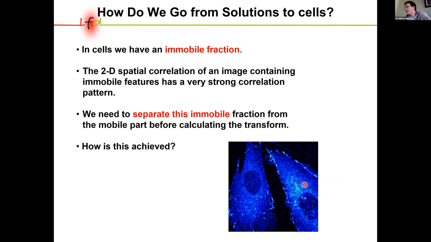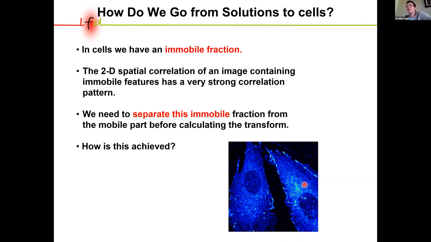Okay, so far what you have seen were all either simulations or measurements of fluorescent proteins or dyes in solution. So what happens in cells, which is the interesting part? In cells, we have some other things to consider. For example, cells can have an immobile fraction.